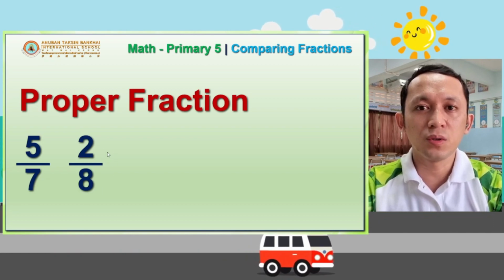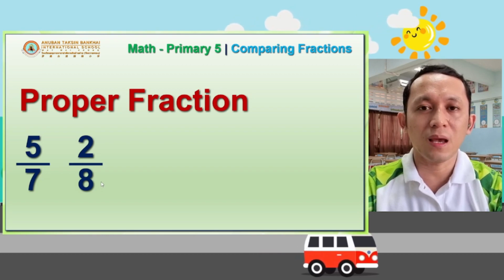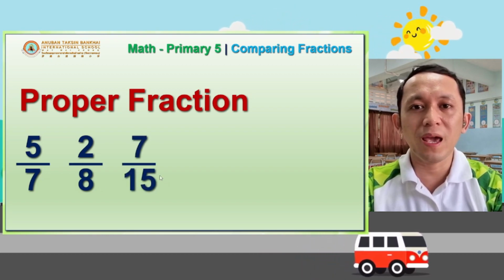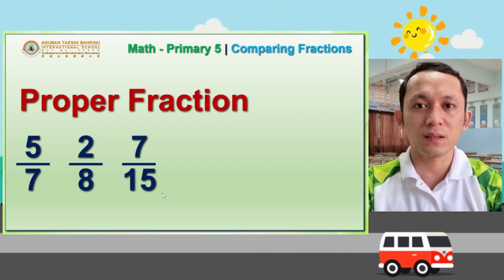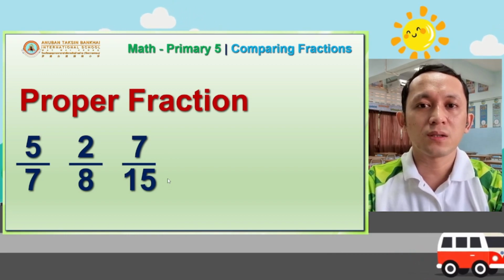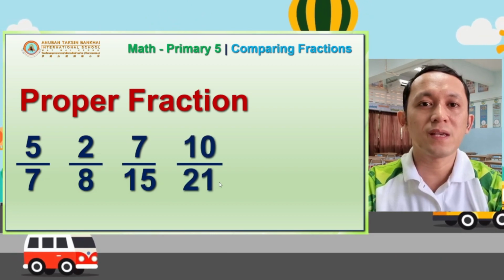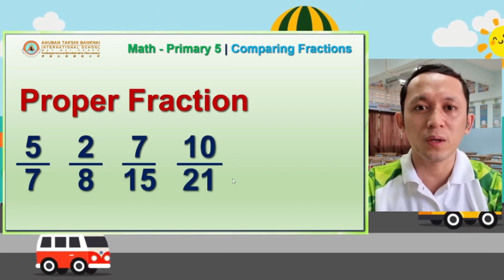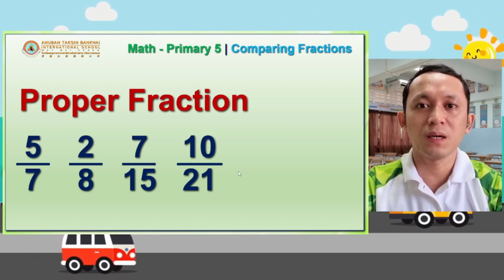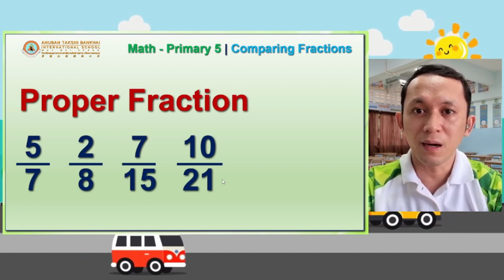Again, 2 is smaller than 8, so this is also a proper fraction. Next, we have 7 over 15. Again, the numerator is small, the denominator is big, so this is a proper fraction. Another example, we have 10 over 21. Again, this is a proper fraction because the numerator is smaller than the denominator.